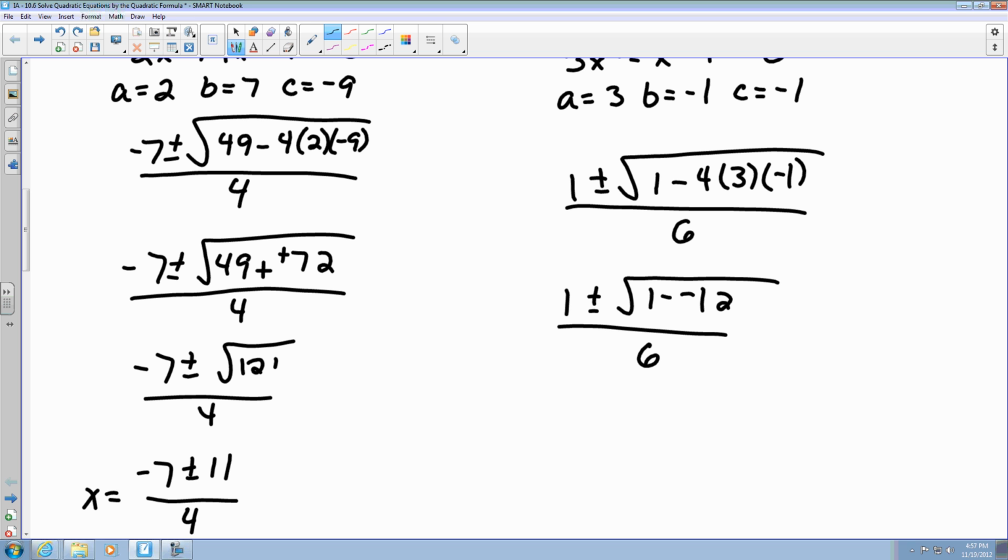Because it's a negative number, I am going to, yes, plus. So what I'm looking for is 1 plus or minus the square root of 13 divided by 6.